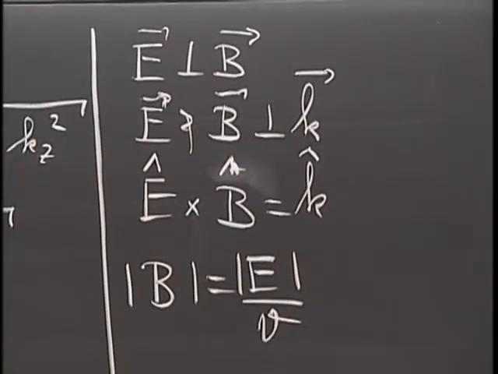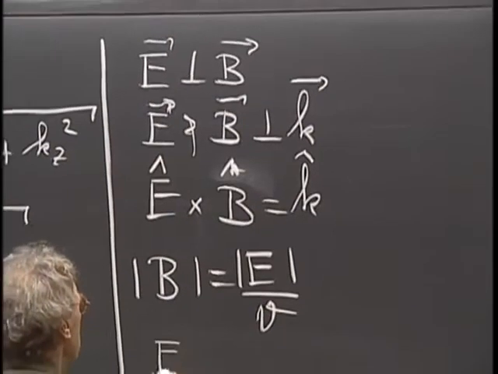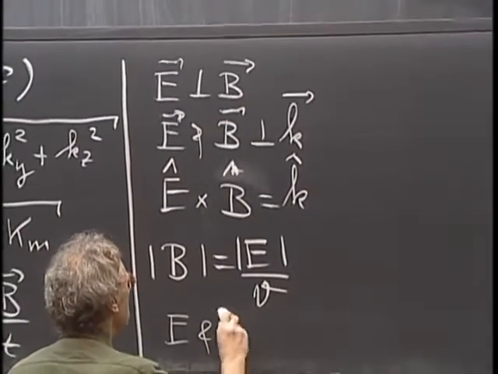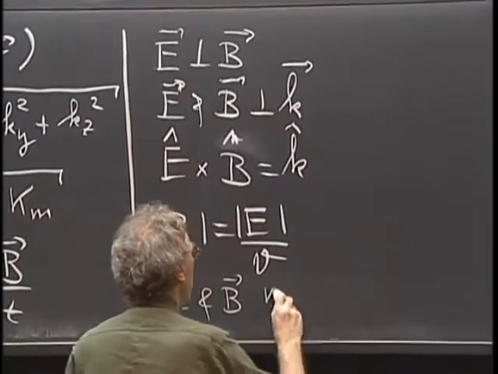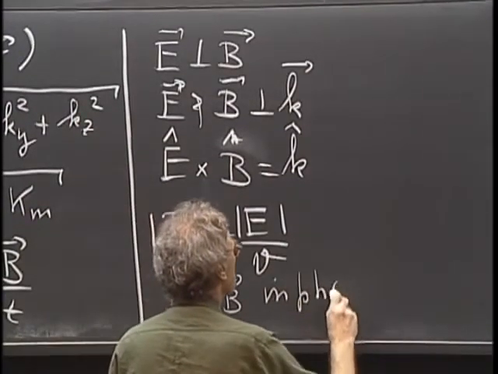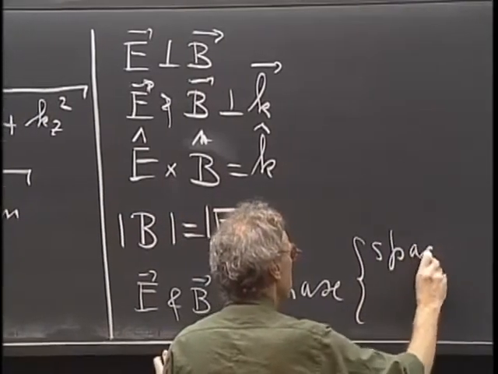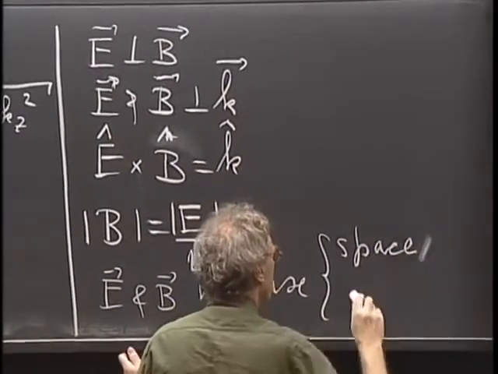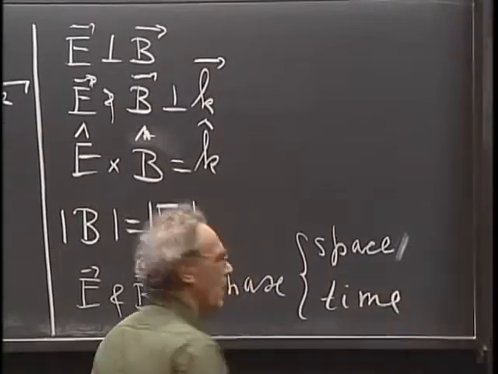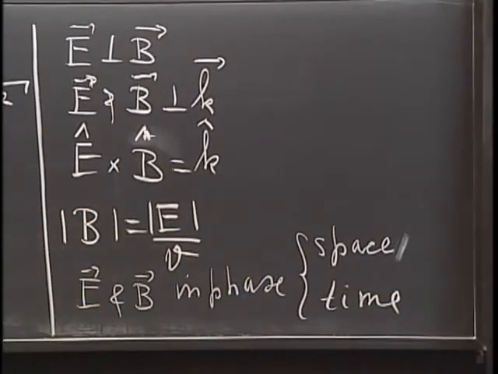And then, and this is key, and I want to stress that, E and B are in phase with each other, in phase in space, and in phase in time. And what that means is the following.